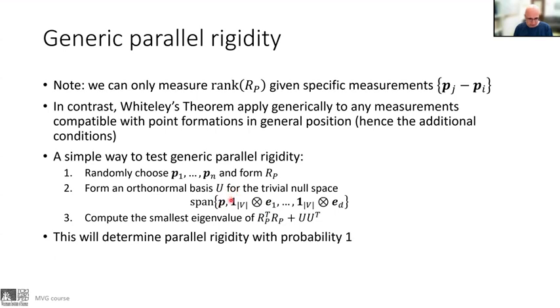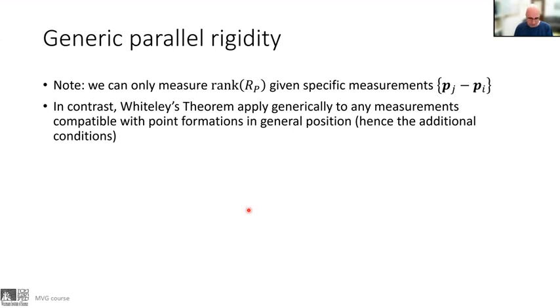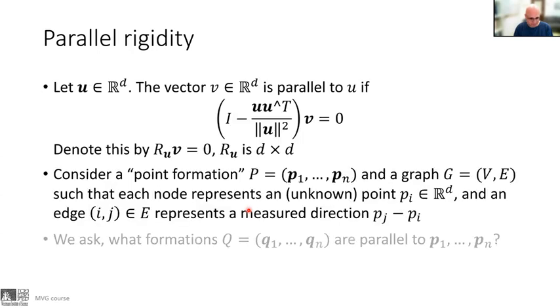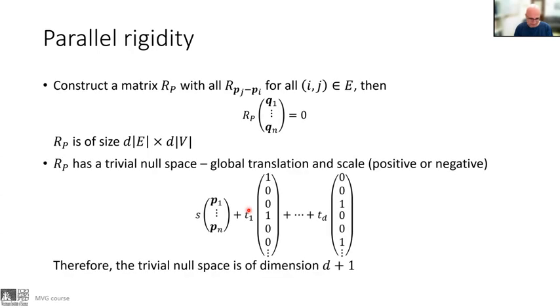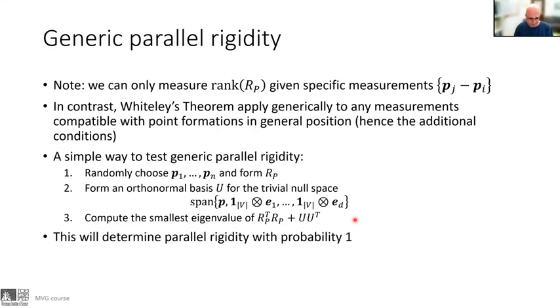So this 1 cross E1 means that you get this vector that we showed. We have it here. So you just build these vectors. So this is an explicit construction of the trivial null space. And finally, you compute the smallest eigenvalues of the matrix RP transpose RP plus UU transpose.